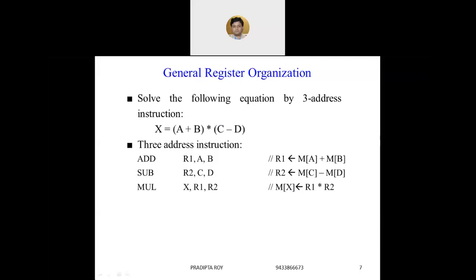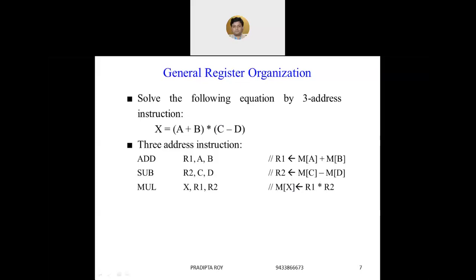Then at the end we can multiply those two values stored in the R1 and R2 registers and store the result in the X memory location with the instruction mul X, R1, R2.